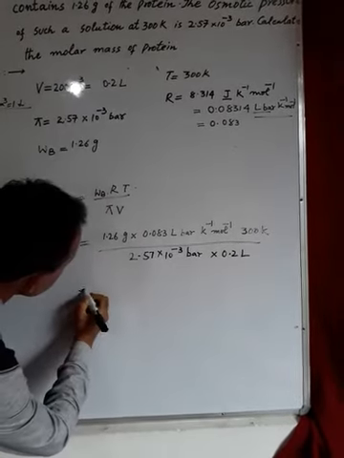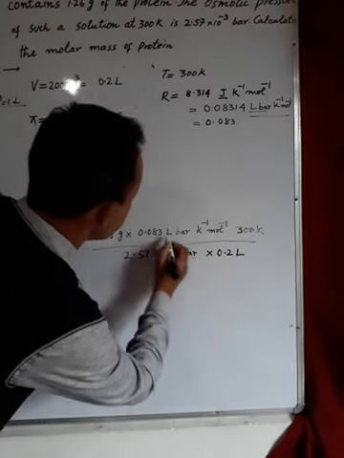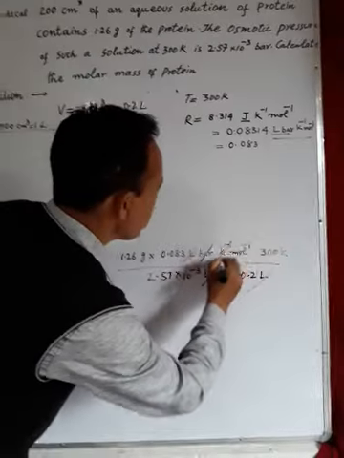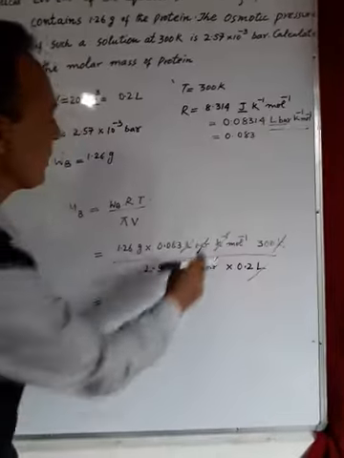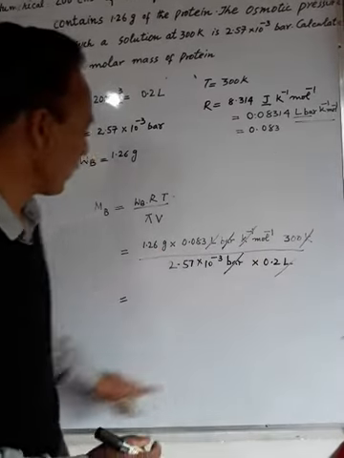Now first we will see the unit. Liter, liter cancel, bar, bar cancel, Kelvin, Kelvin cancel. So we have gram per mole.